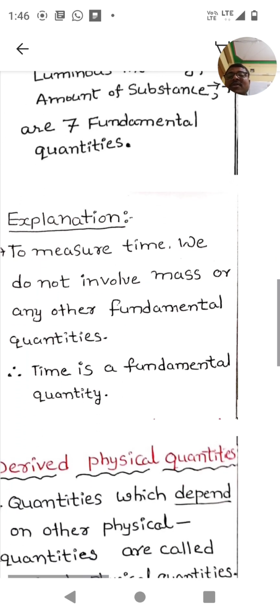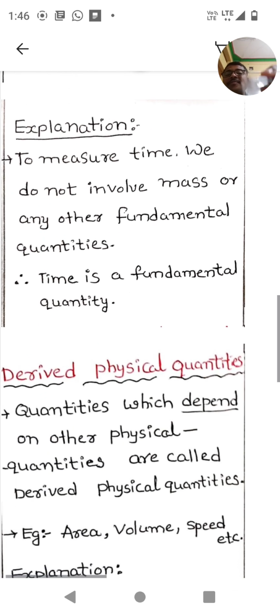For example, to measure time we do not involve other physical quantities like mass or length or whatever it may be. When we are measuring time, we do not involve other physical quantities.